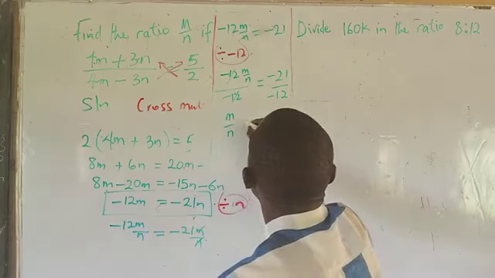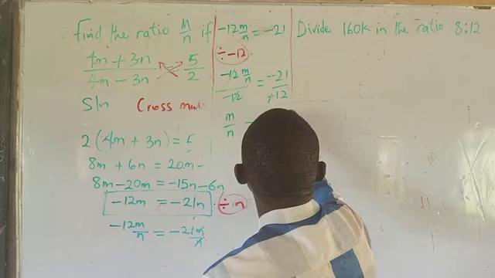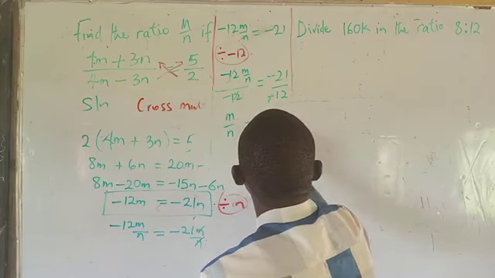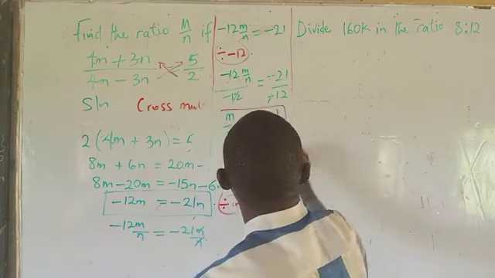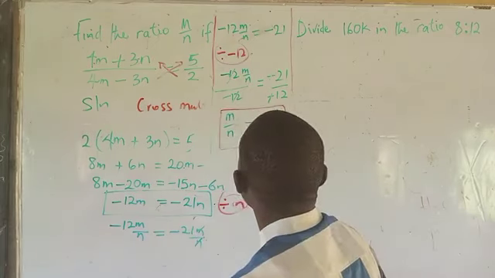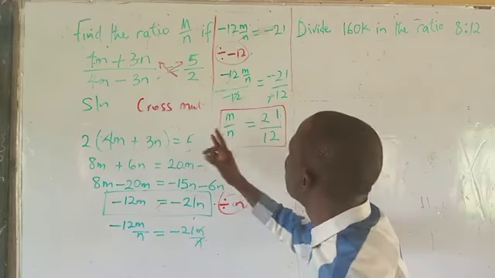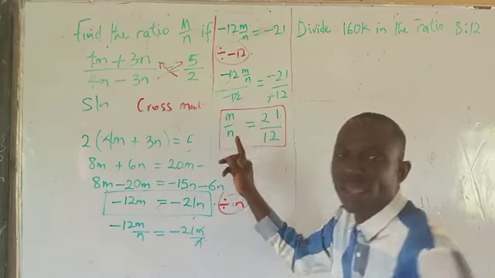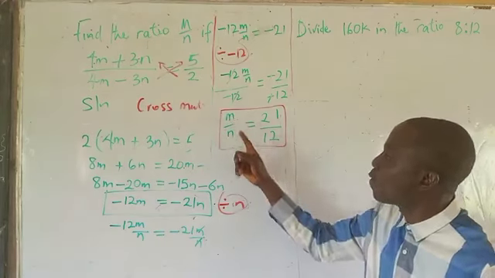M over n equal to, minus will cancel minus, to be left with 21 over 12. And this is our final answer for this term. So we have been able to express this equation in the form of m over n.